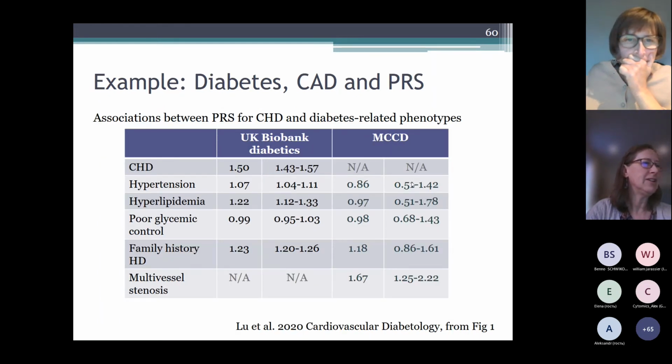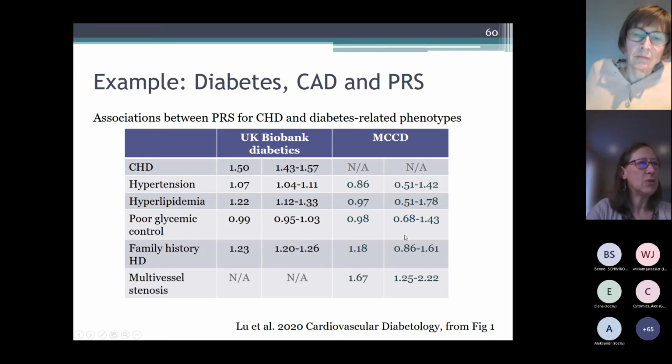We can look in the two cohorts at associations with standard risk factors and heart disease. We used a polygenic risk score for heart disease, so it's strongly associated in UK Biobank. And we can look at associations with risk factors for heart disease.